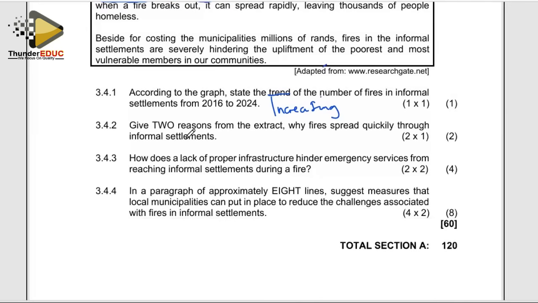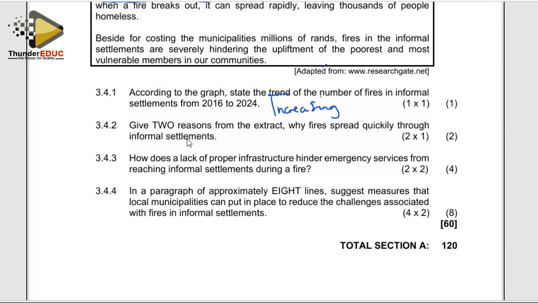How does a lack of proper infrastructure hinder emergency services from reaching informal settlements? Proper infrastructure, we're looking at the different forms of infrastructure that must be availed to a decent settlement. So it's lacking.